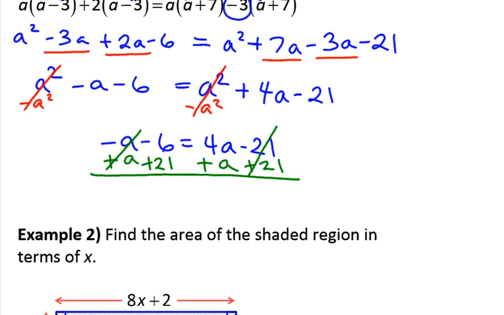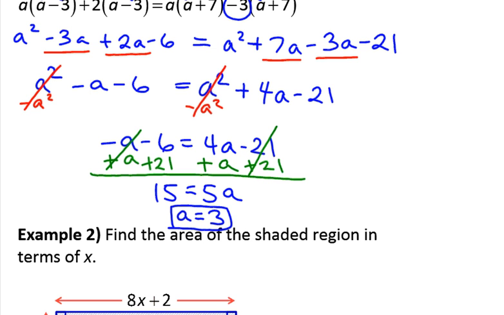So then I'm going to simplify. So negative 6 plus 21 is 21 minus 6, so that's 15. And then 4a plus 1a is 5a. And then when you divide by 5, you get a is equal to 3. Okay, so the same thing we have been doing, is just we had to multiply our polynomials first.